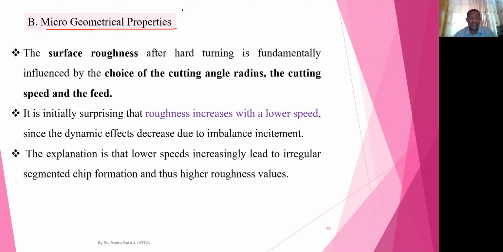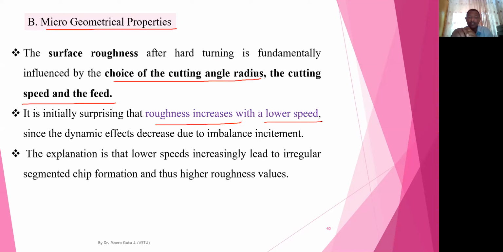The surface roughness after hard turning is fundamentally influenced by the choice of cutting edge radius, the cutting speed, and the feed. It's initially surprising that roughness increases with a lower speed. At the lower speed, the roughness is more, at the engagement time.